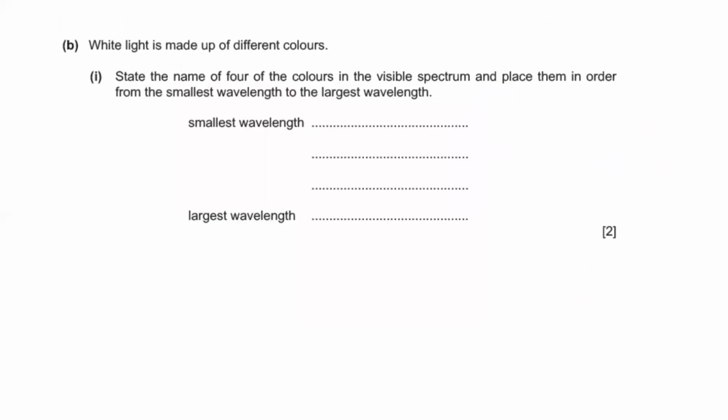Next part, it says white light is made up of different colors. State the name of 4 colors in the visible spectrum and place them in order from the smallest wavelength to the largest wavelength. So remember, the visible spectrum is something between 400 nanometers to 700 nanometers.